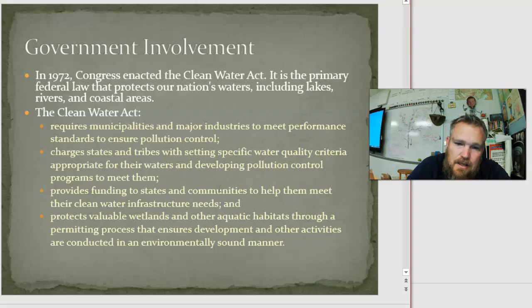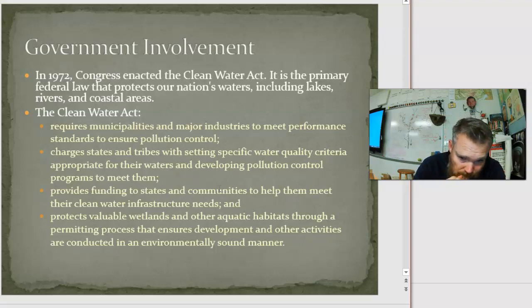It makes state governments set water quality criteria, and then also ways to monitor and fix problems if they develop. And then it also provides funding to states, provided that they meet the bill of their monitoring efforts.